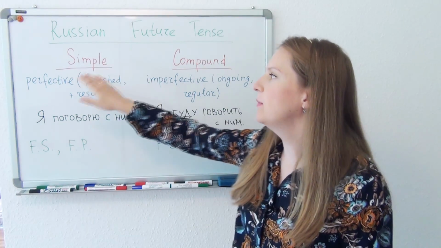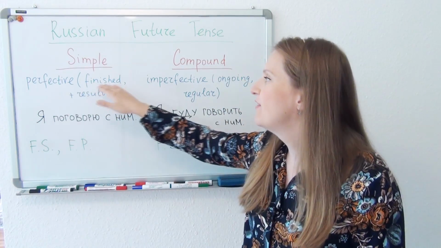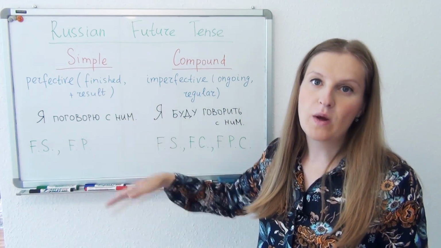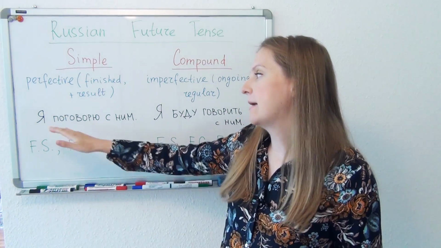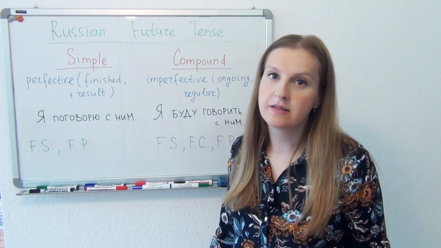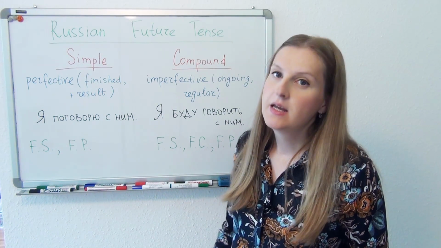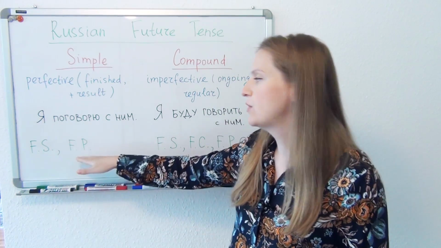So we use simple when we deal with perfective verbs, verbs which denote finished actions when we have a result. For example, я поговорю с ним. I will speak with him.